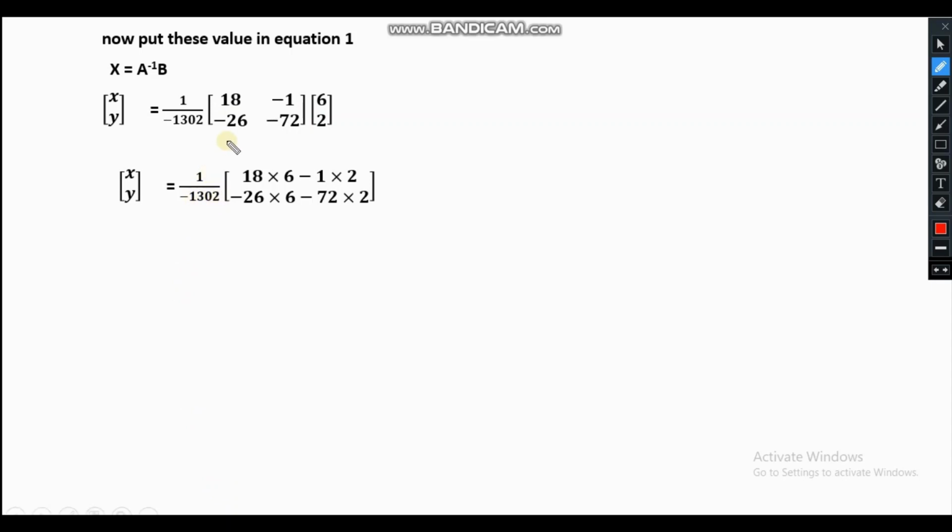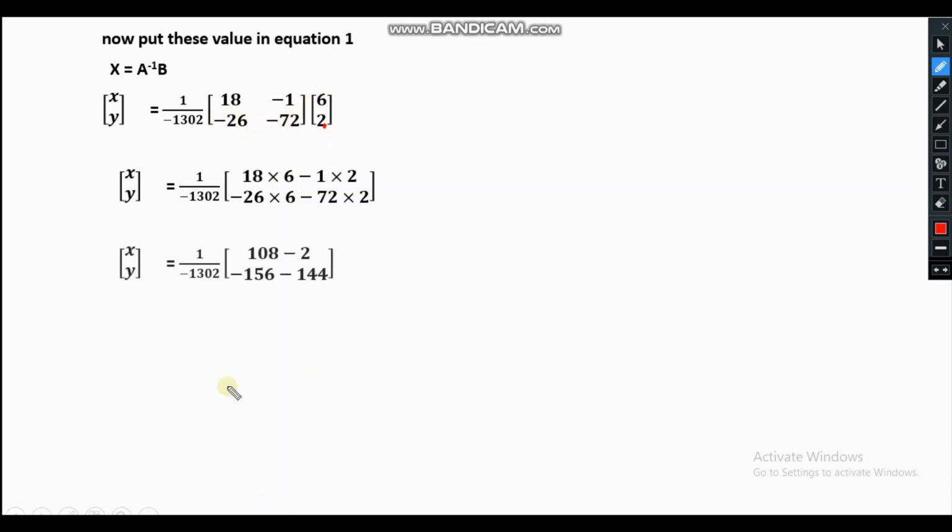Now we multiply the first row, 18 multiplied by 6 and minus 1 multiplied by 2. Next row, 26 multiplied by 6 and minus 72 multiplied by 2. This is the matrix multiplication rule: first row, first column, and second row, first column.